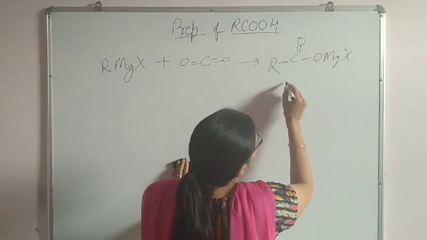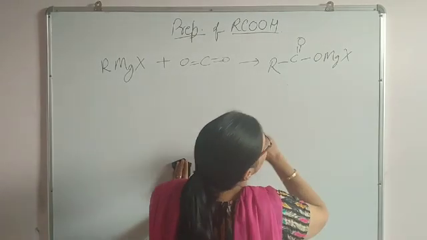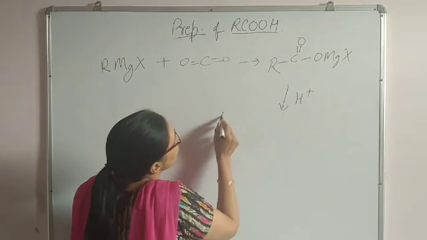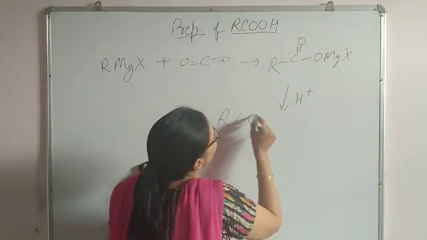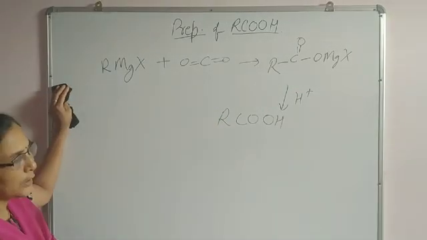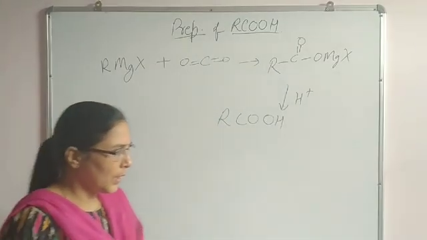So this is an adduct type compound or intermediate compound. When this intermediate compound is hydrolyzed, there will be formation of RCOOH. Okay, carboxylic acid will form.